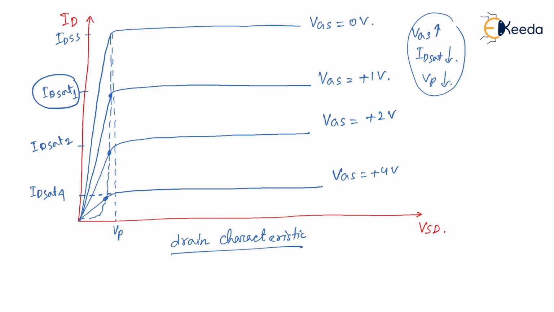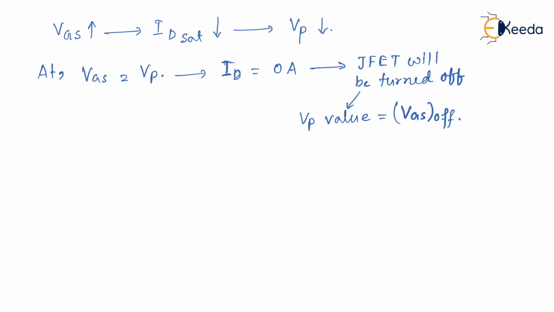That means keeping VGS fixed, we are varying the source to drain voltage against the drain current. Now this drain characteristics is also called the constant current characteristics, and the JFET can work as a constant current source beyond the pinch off condition.